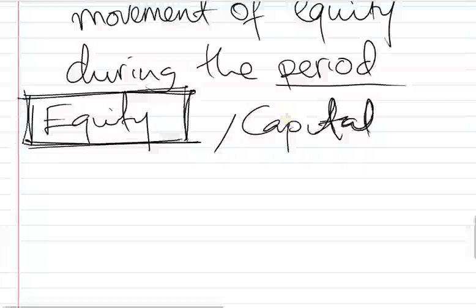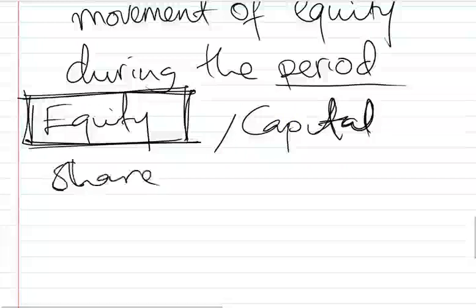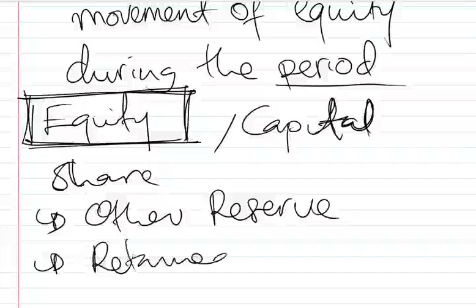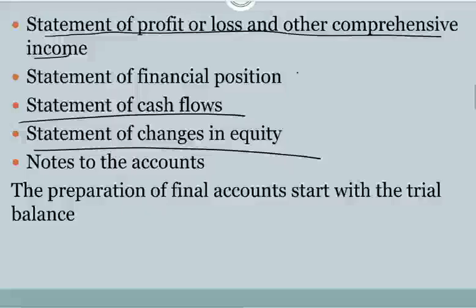We'll see stuff like movement of shares, movement of other reserves, movement of retained earnings account, movement of revaluation surplus, stuff like those. So we'll look at it in detail.